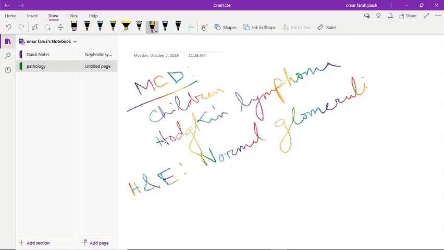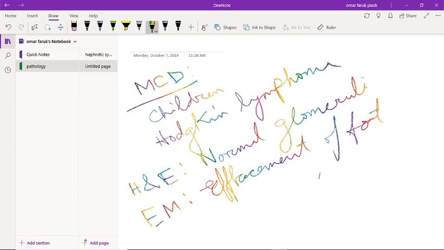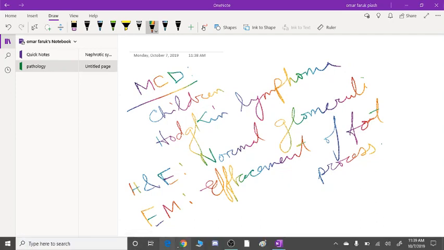On electron microscope, there is effacement of the foot process. And third, in immunofluorescence, there is no immune complex deposition.